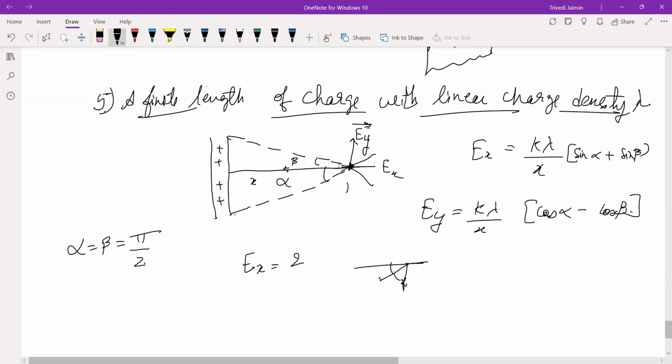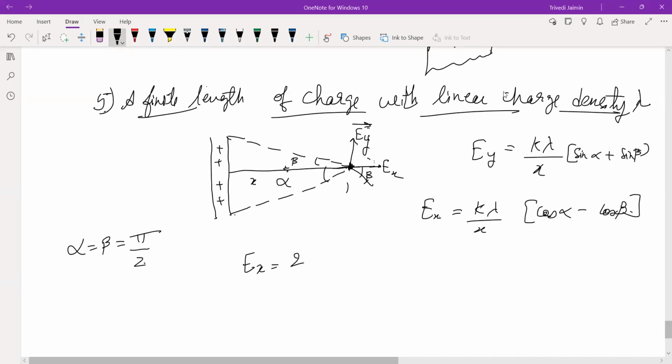If I take here also, this will be beta and this will be alpha. If I take cos beta here and cos alpha here, the vertical will be the same. So we can change y and x here. That's very good that you noticed.